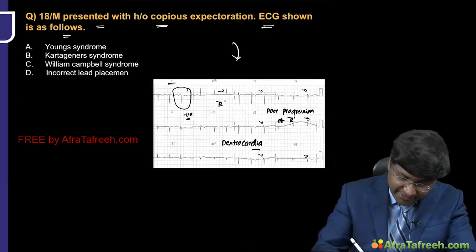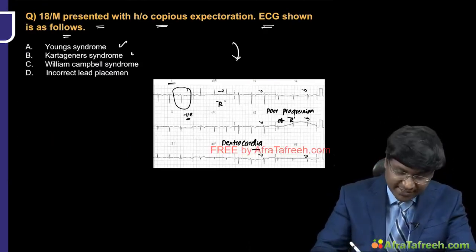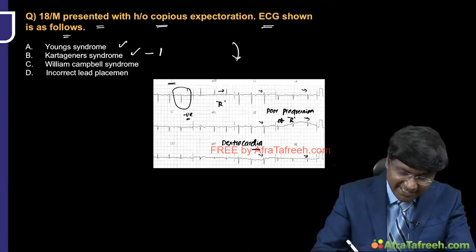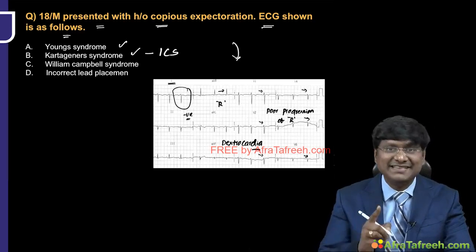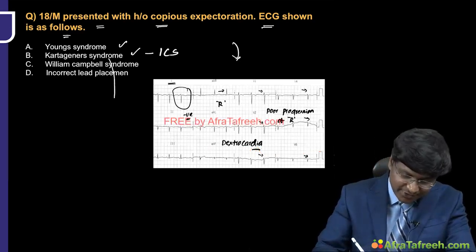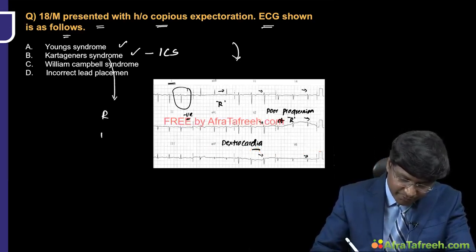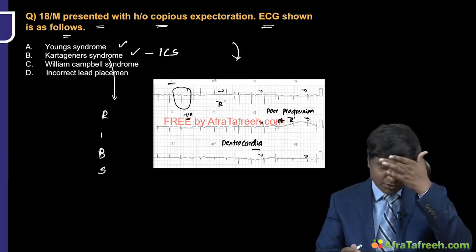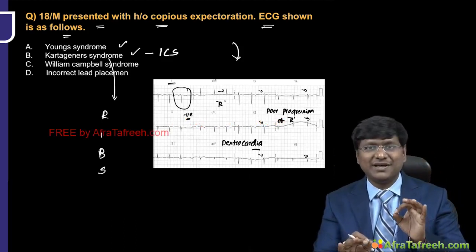So, take the options. In patients with Young syndrome, there is no dextrocardia. Kartagener syndrome is nothing but immotile cilia syndrome. In these patients with Kartagener syndrome, you have 4 important components. What are these 4 components of Kartagener syndrome? The mnemonic for Kartagener syndrome is RIBS.